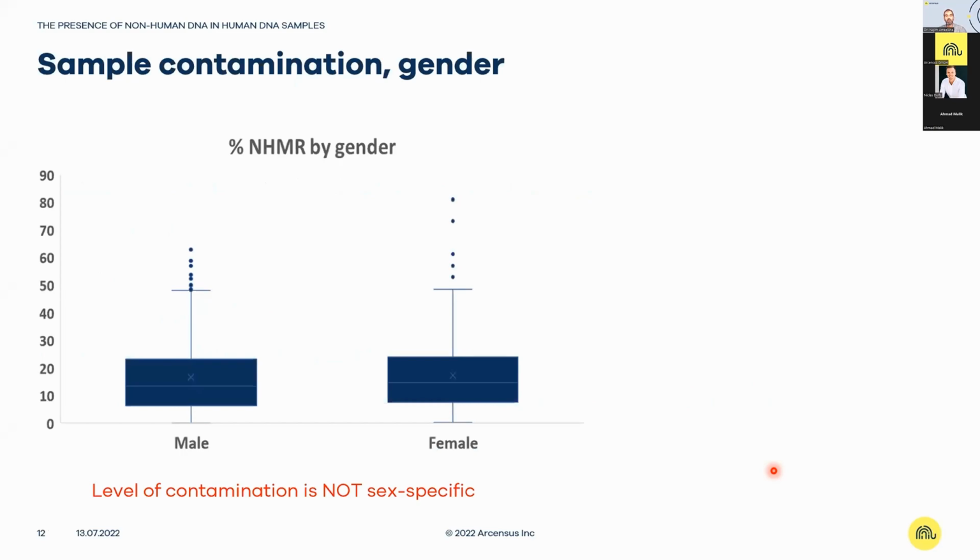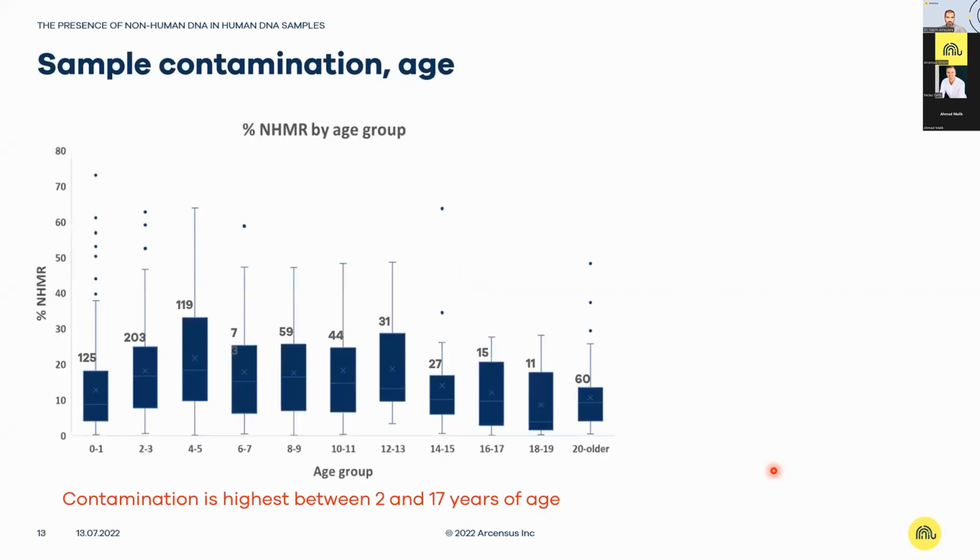So if we look at the gender to see whether there is any difference between males and females when it comes to the level of contamination or the level of non-human mapped reads, then there is hardly any difference. So there is no difference that could be explained by the gender. They have an equal range of non-human mapped reads between the different genders.